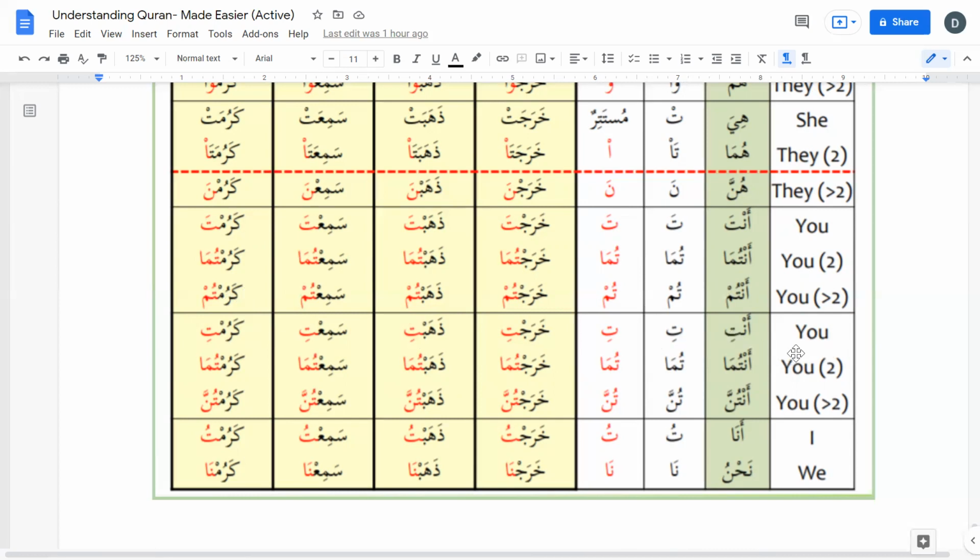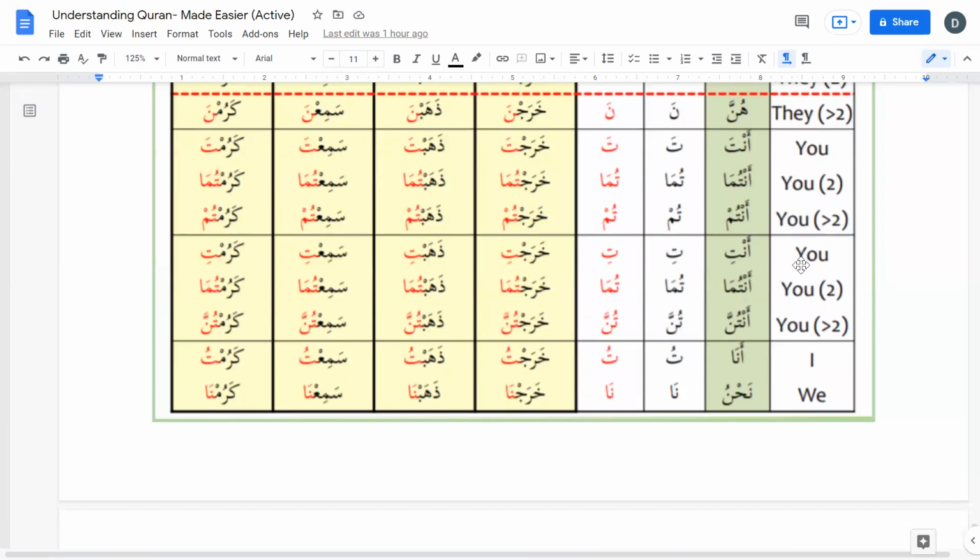Then we have the second person feminine forms, 3 forms: singular, dual, and plural. Anti, antuma, antunna. The same way, kharaja plus ti: anti kharajti, anti zahabti, anti sami'ti, anti karumti. Antuma kharajtuma, antuma zahabtuma, antuma sami'tuma, antuma karumtuma.